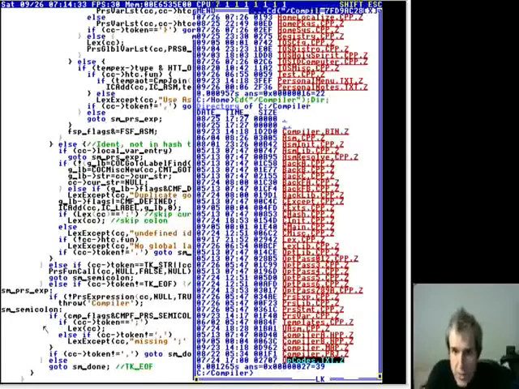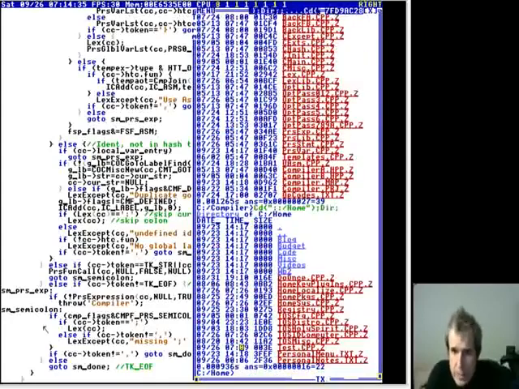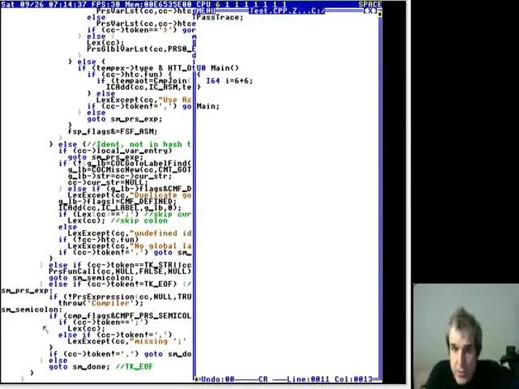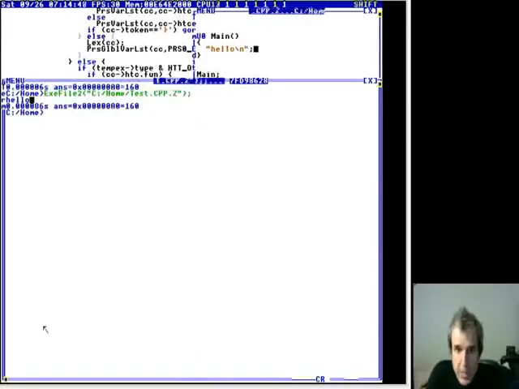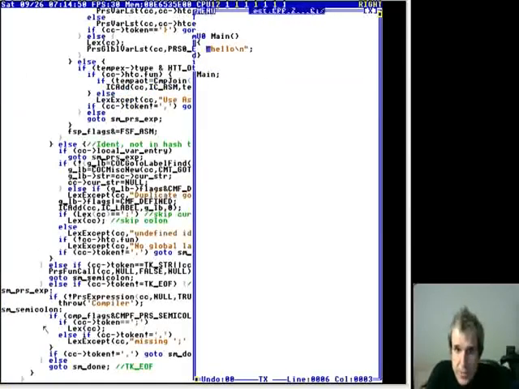In TempleOS, if it encounters a string by itself, so like hello world, how about hello? I'm going to hit F5, so it printed hello. So if it finds a string by itself at the start of a statement, so you know what a statement is, right? For is a statement, if is a statement, an expression is a statement with a semicolon.